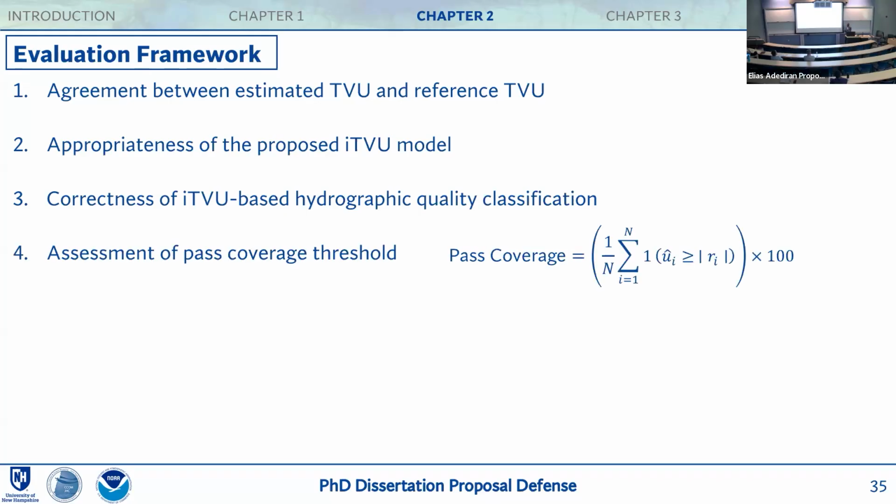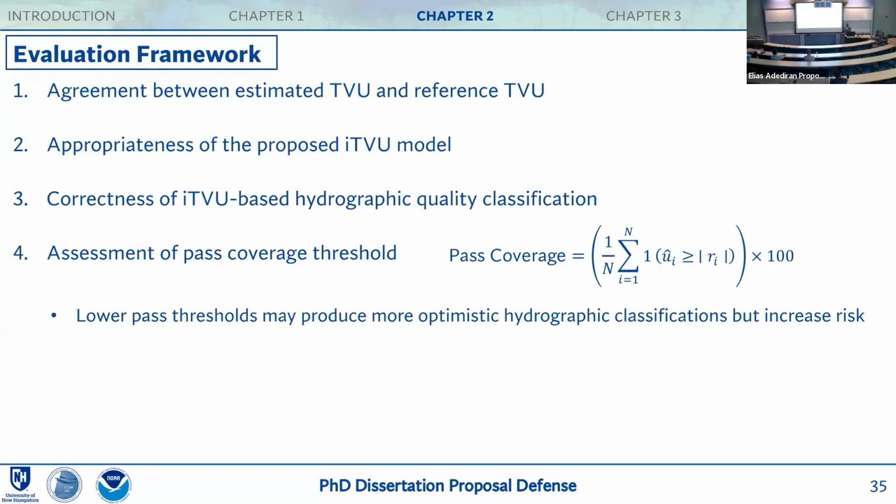Then this final point I think is important because I mentioned it from the beginning, which is the assessment of the pass coverage threshold, which coverage is the right one to use. A lower pass threshold may be more optimistic in terms of our hydrographic classification, but that might increase our risk.